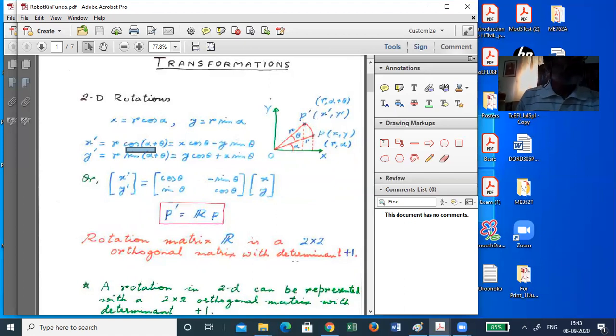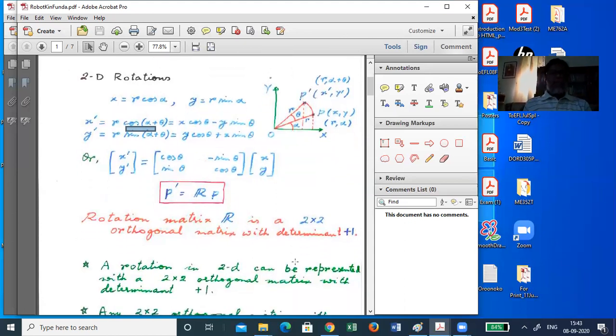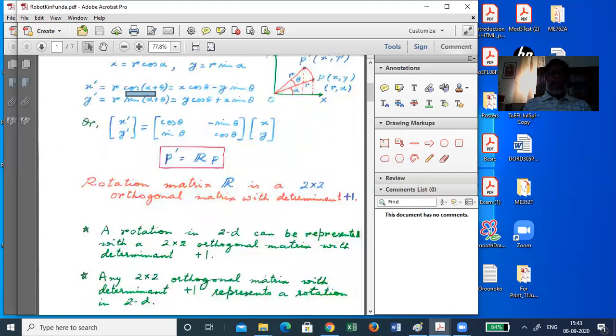The converse is also true. Any 2 by 2 orthogonal matrix with determinant +1 will represent a rotation. Because whatever unit vector you are given, you can always put it as cos theta, sin theta, with theta as some angle.